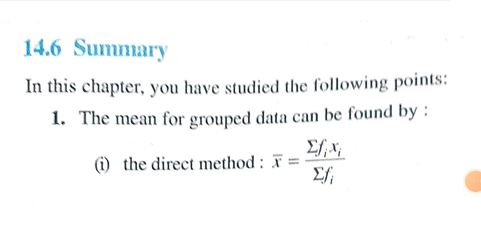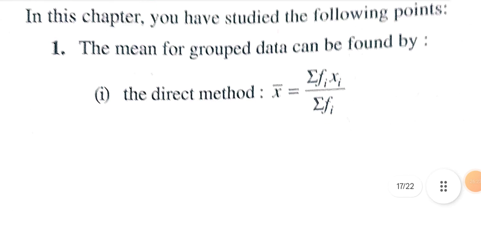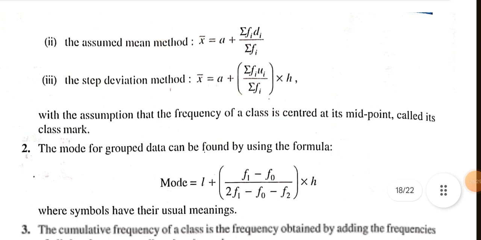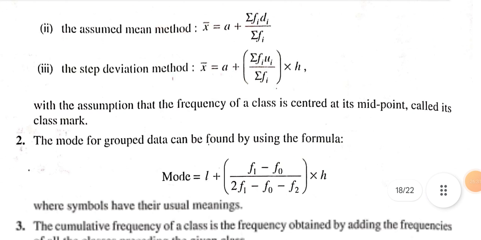Statistics. 14.6 Summary. In this chapter you have studied the following points. 1. The mean of grouped data can be found by a direct method: x̄ = Σfᵢxᵢ / Σfᵢ. 2.